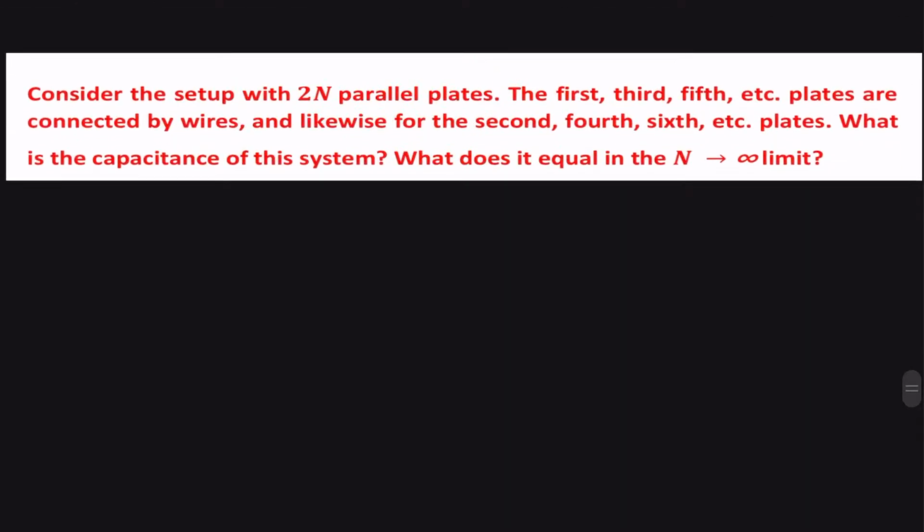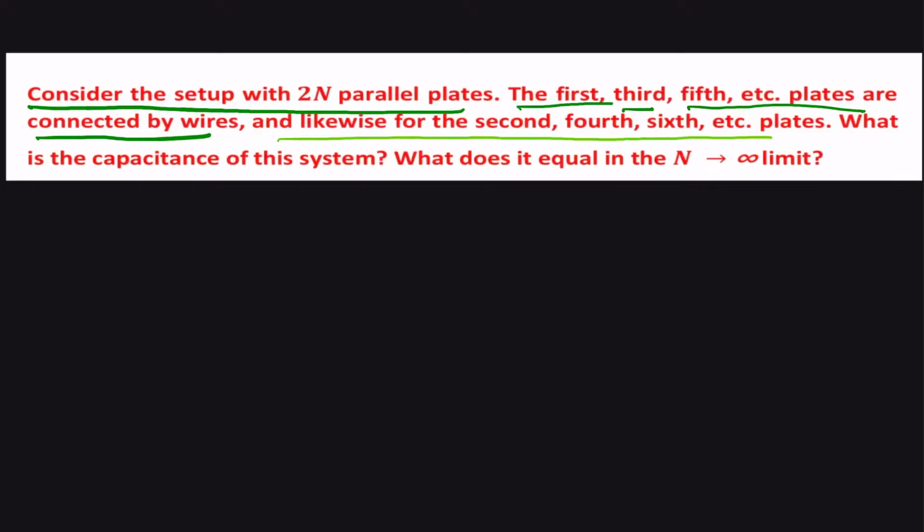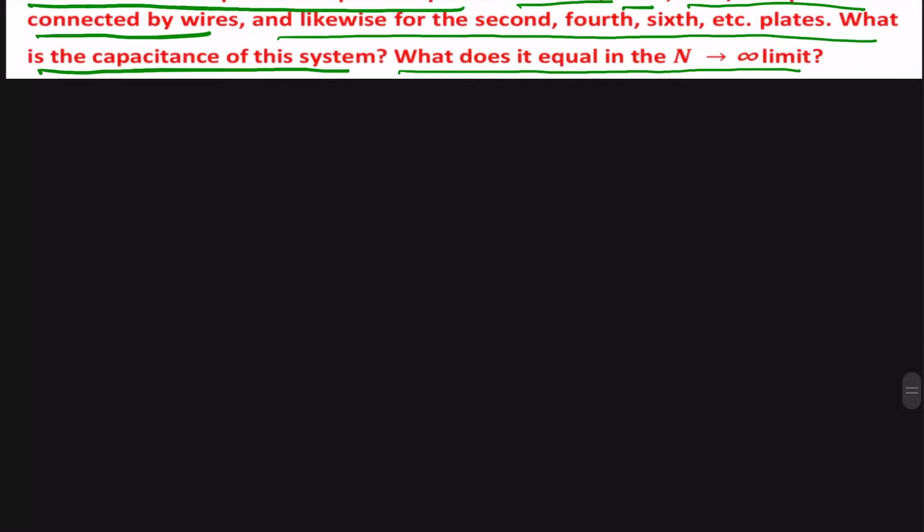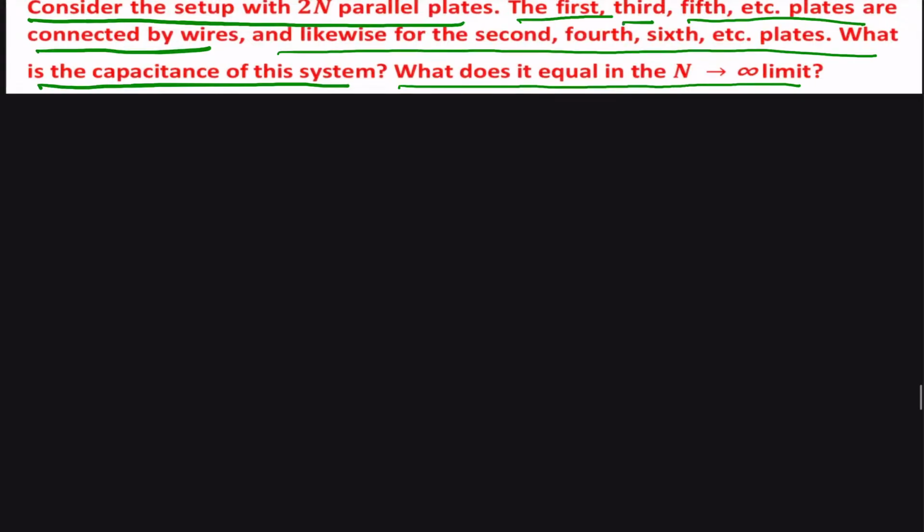In this case, it is given: consider a setup with 2n parallel plates. The first, third, fifth, etc. plates are connected by wires. Likewise, the second, fourth, sixth plates are also connected. What is the capacitance of this system? What does it equal when n tends to infinity? So we can just draw the basic figure.